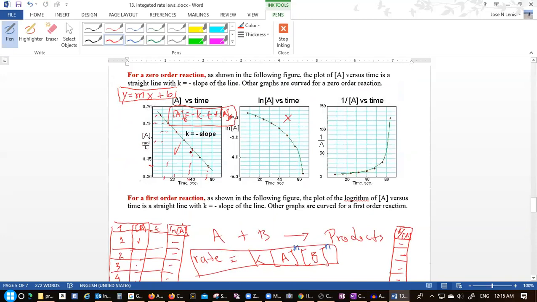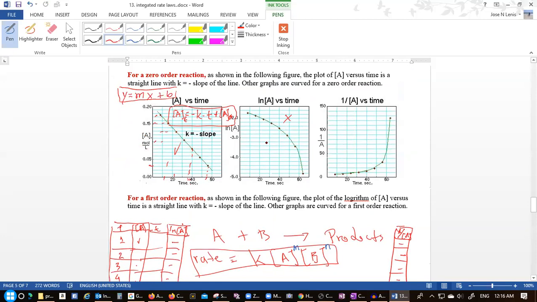You see this shape, a straight line, and you say right away, the reaction is zero order with respect to concentration of A. Why? Because you get a straight line when you graph concentration of A against time.